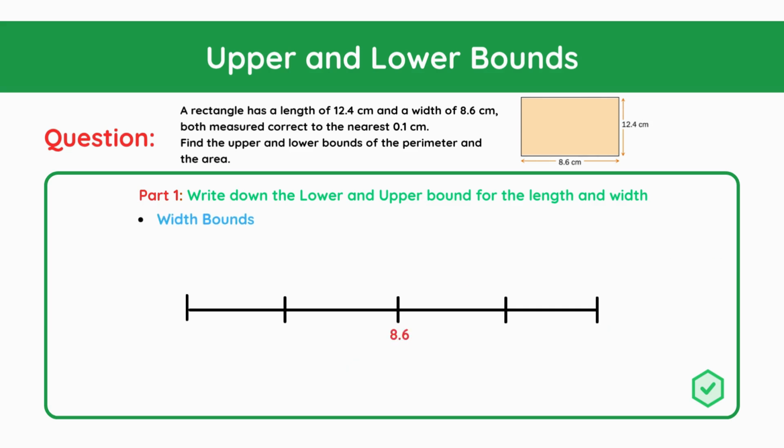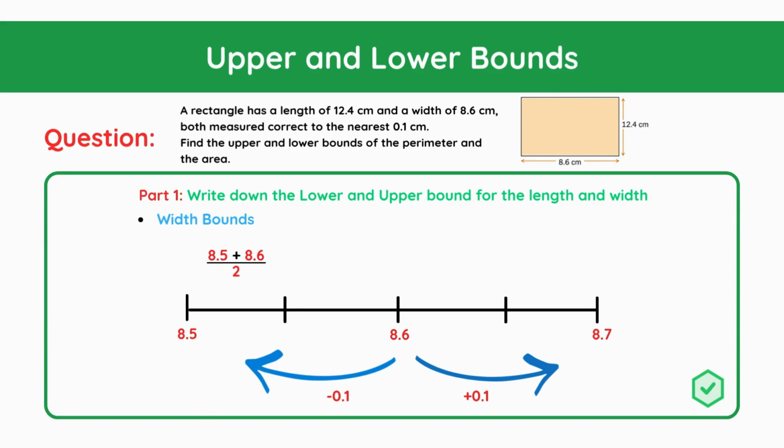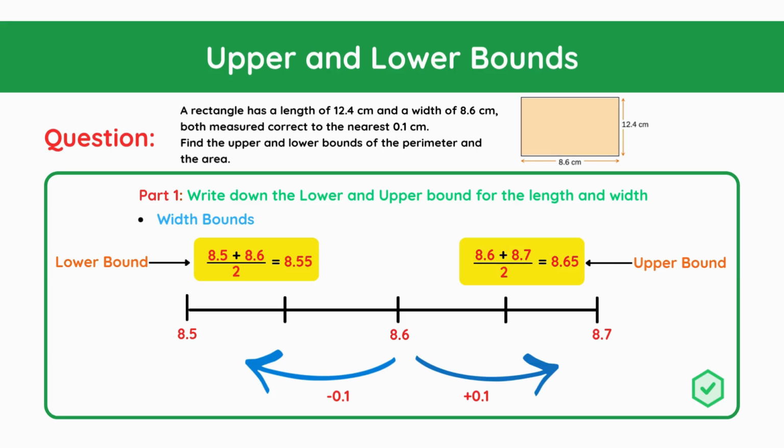For the width, 8.6 plus 0.1 is 8.7 and 8.6 minus 0.1 is 8.5. The midpoint between 8.5 and 8.6 is 8.55 and the midpoint between 8.6 and 8.7 is 8.65. So the lower bound of width is 8.55 and the upper bound is 8.65.